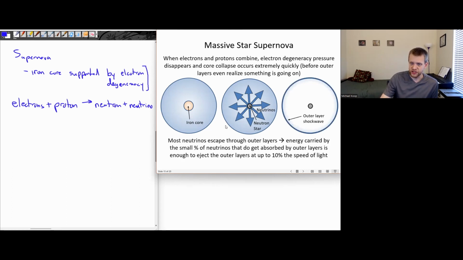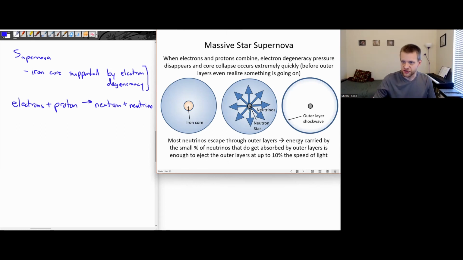But even though most of those neutrinos can escape, the tiny percentage of neutrinos that are actually absorbed by the outer layers carries so much energy that those outer layers of the star get launched off the star at around 10% the speed of light.